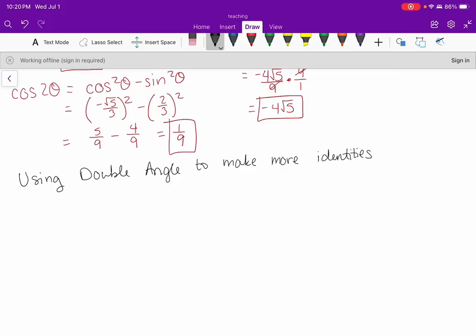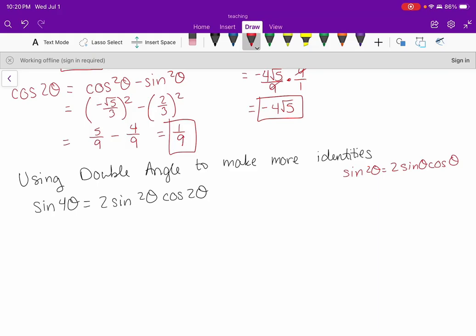So for instance, if we wanted to find sine 4 theta, this would be 2 sine 2 theta cosine 2 theta. So we're using the original, sine 2 theta is 2 sine theta cosine theta. And if we want to double it, we can do 4 theta.